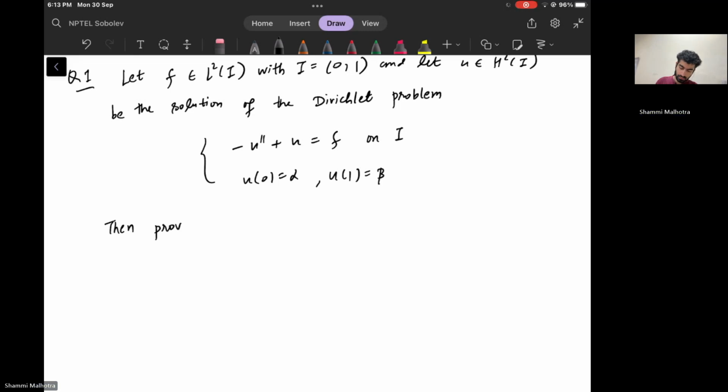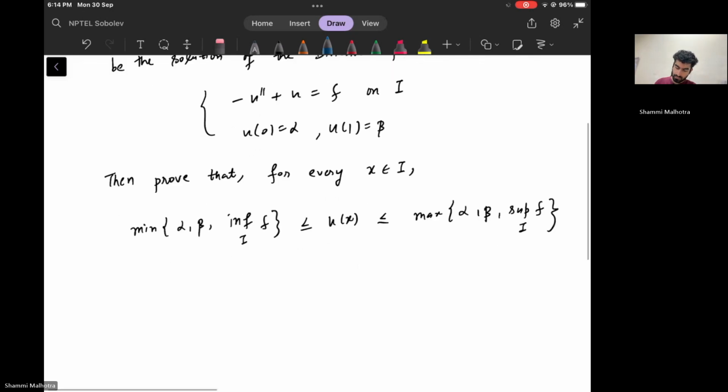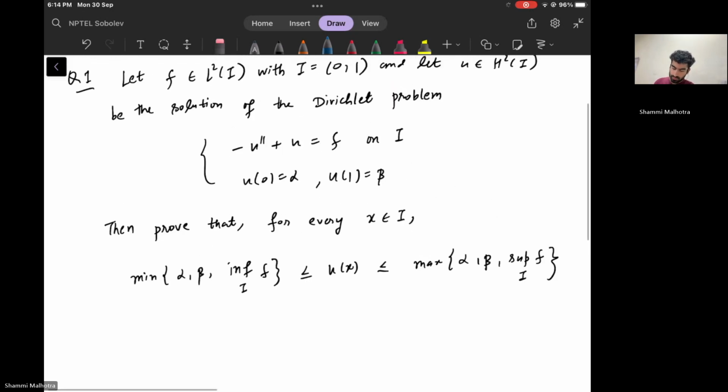Then prove that for every x in I, we have the minimum of alpha, beta, and the infimum over I of f is less than or equal to u(x), which is less than or equal to the maximum of alpha, beta, and the supremum over I of f.